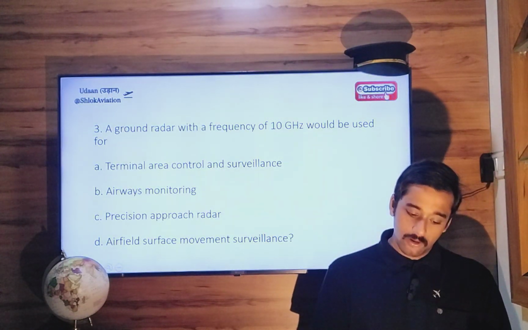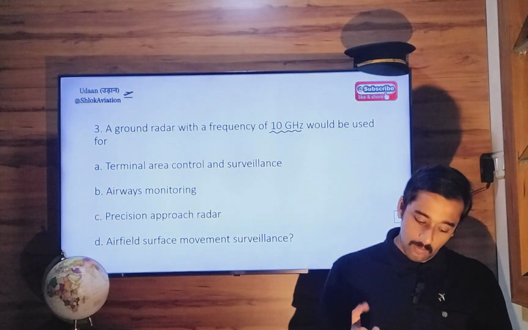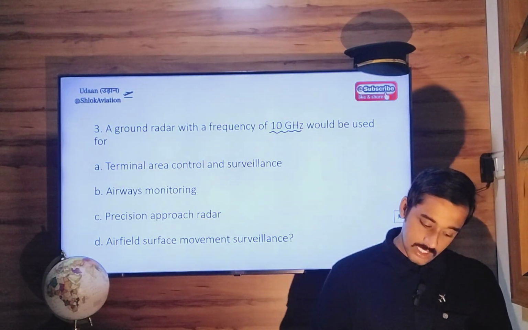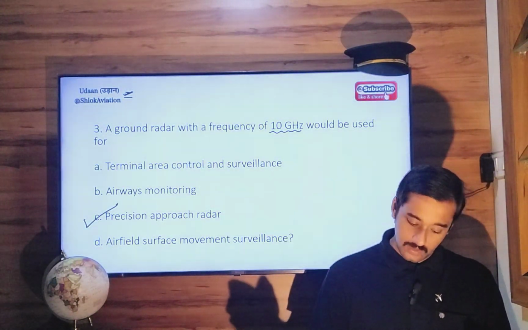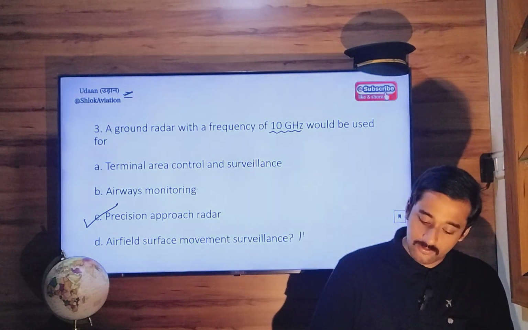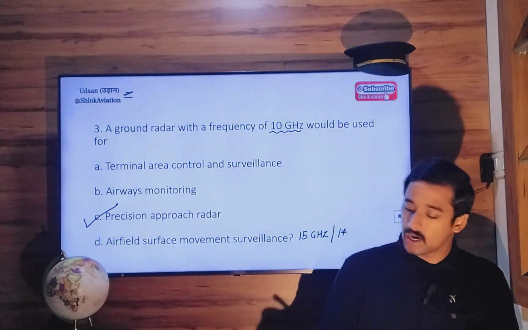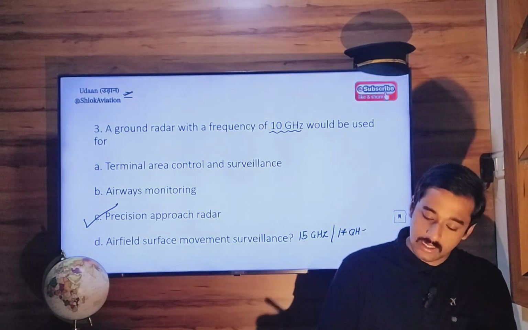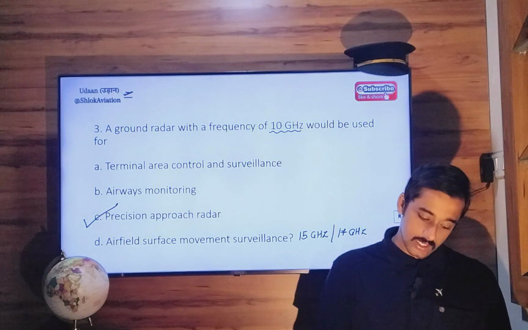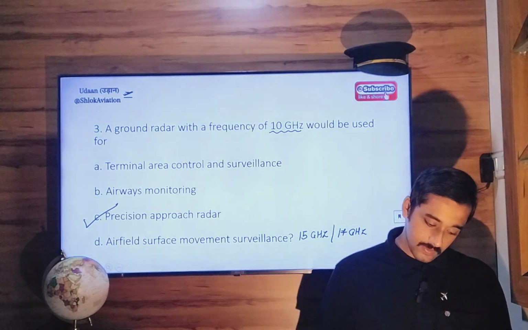Okay, so a ground radar with a frequency of 10 gigahertz would normally be used for precision approach radar. Airfield surface movement will be using a frequency between 15 and 17 gigahertz. So precision approach radar will normally use 10 gigahertz.